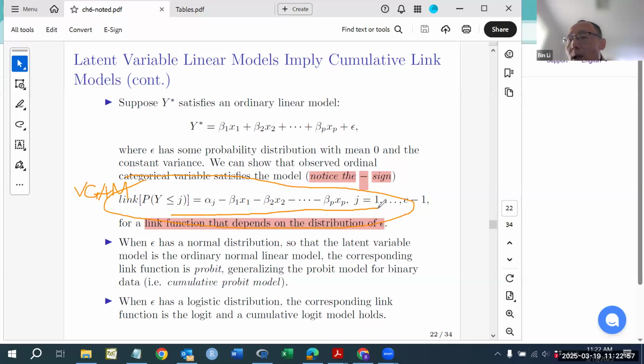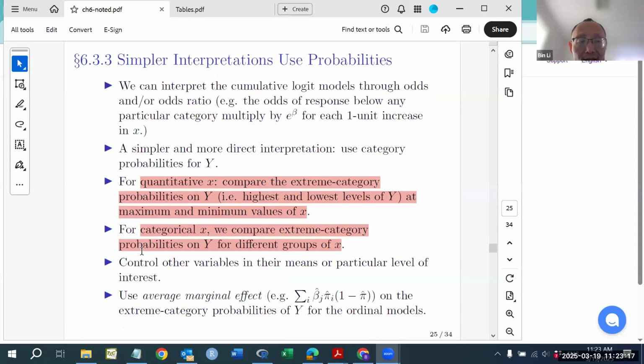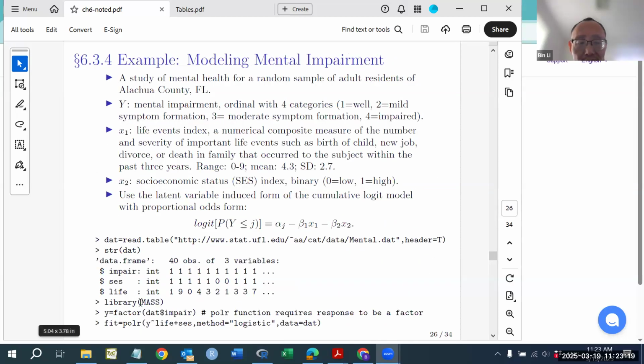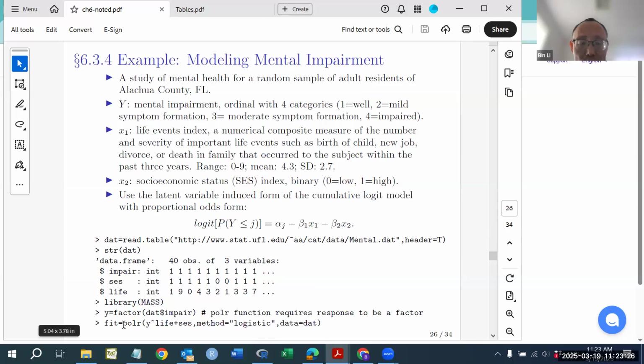Okay, and we can also model it in a different way. We can model using this latent variable linear model. Is that clear? To model in this way, we can use a different package called MASS. We've already used this library before, right? In this library, there's a function called polr.